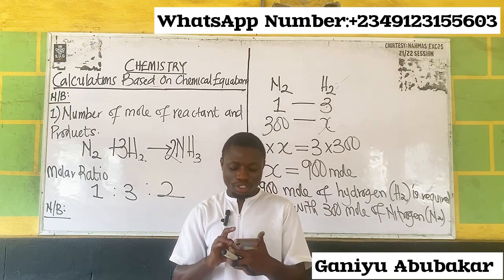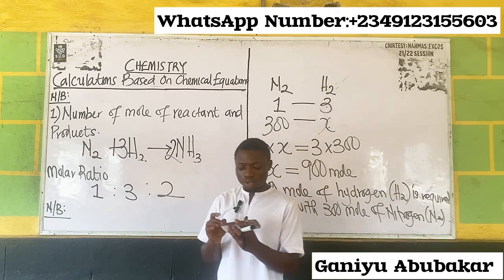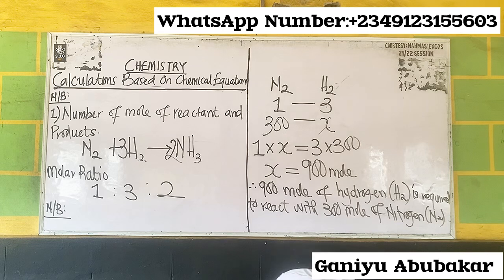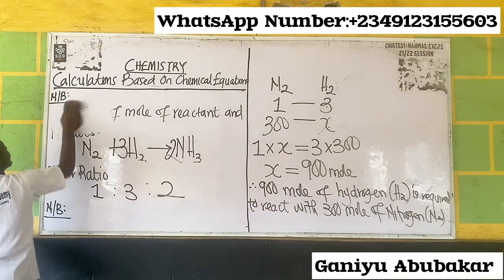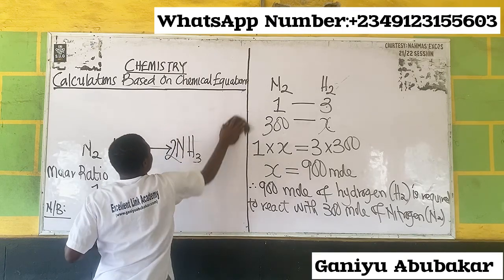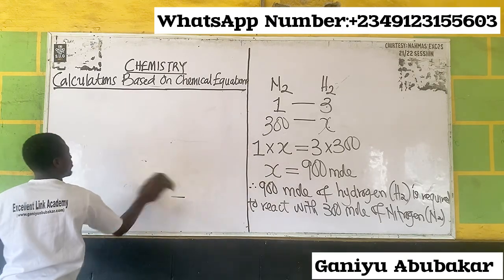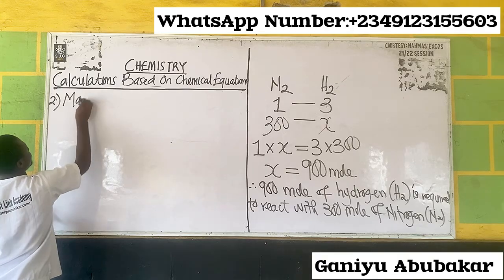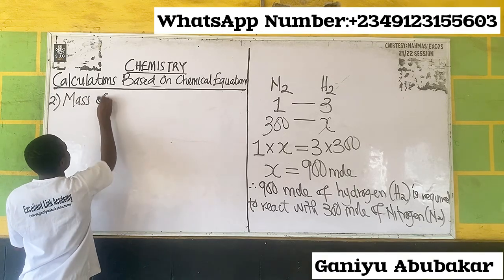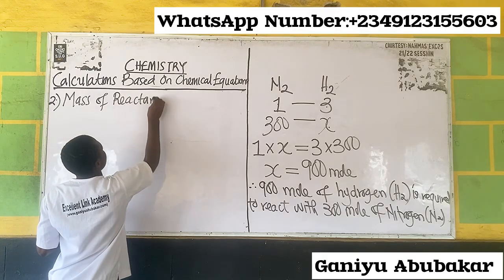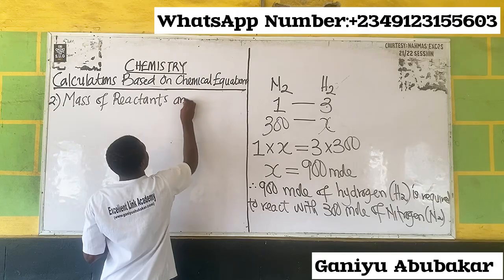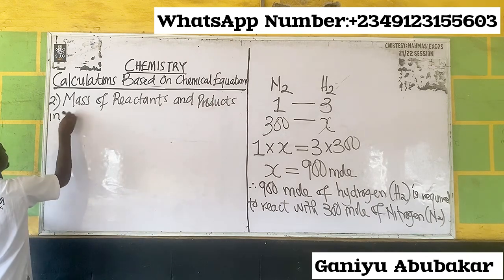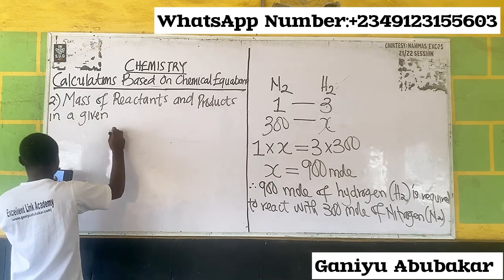The second calculation we can make under chemical equation is called the mass of reactants and products in a given chemical equation.